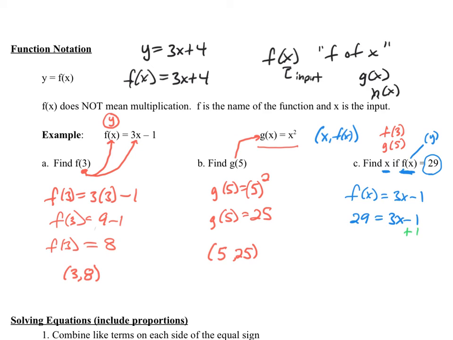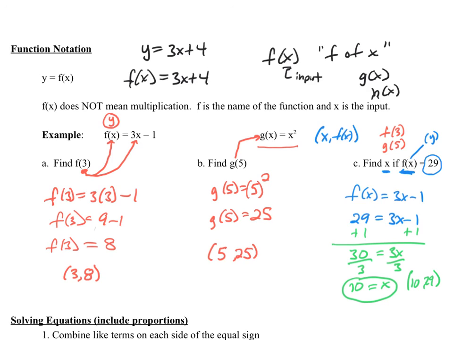And we do that by adding 1. So now I get 3x equals 30. And then I would divide both sides by 3. x equals 10. So I just figured out that when the output is 29, the input is 10.